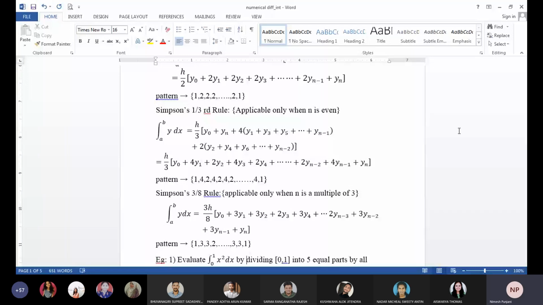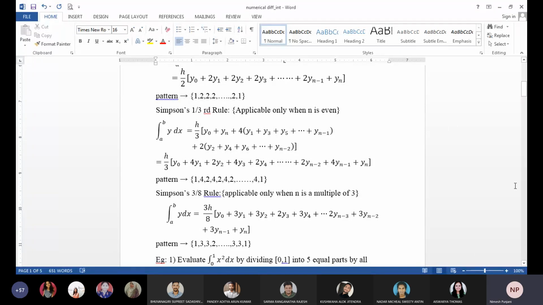Remember in the beginning when we were discussing xi, yi are the points where i varies from 0 to n. So in that case we are getting n plus 1 number of points. When your number of points is n plus 1, then you are dividing the interval into n parts. So this is the relation between the two.